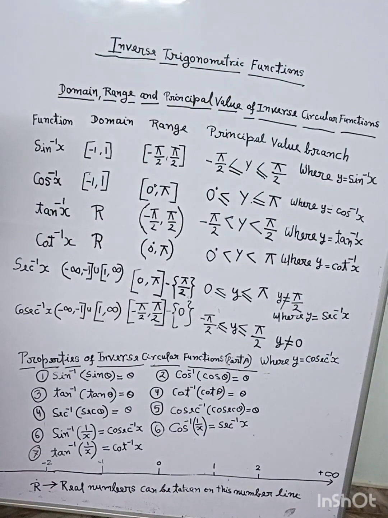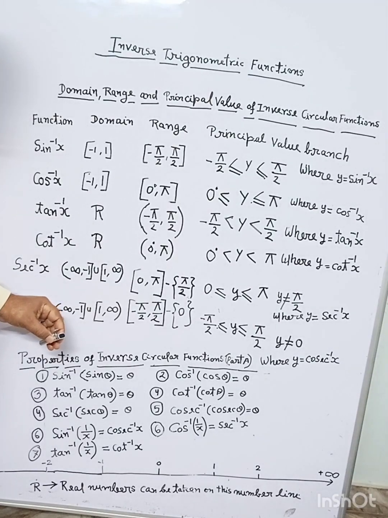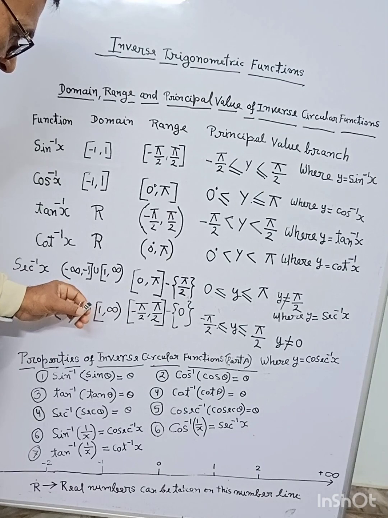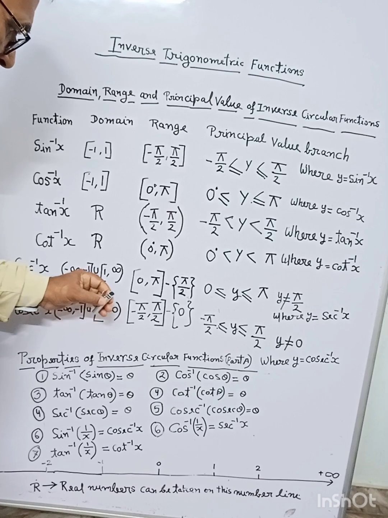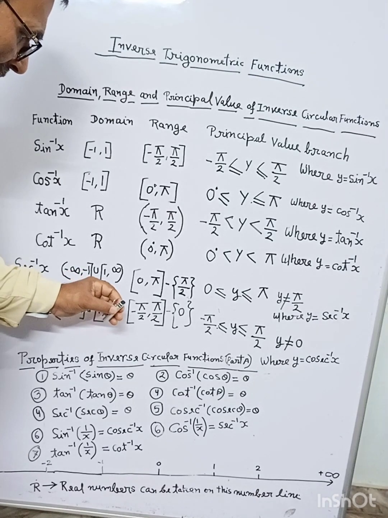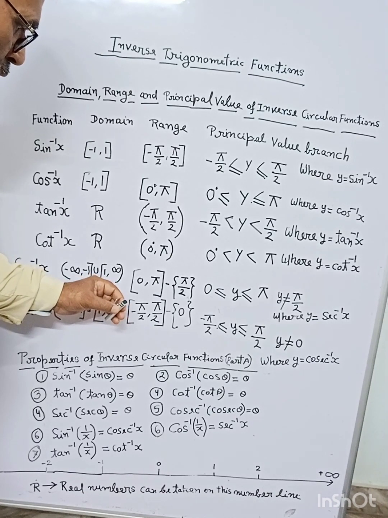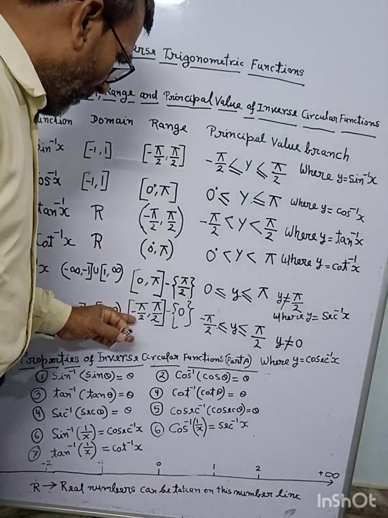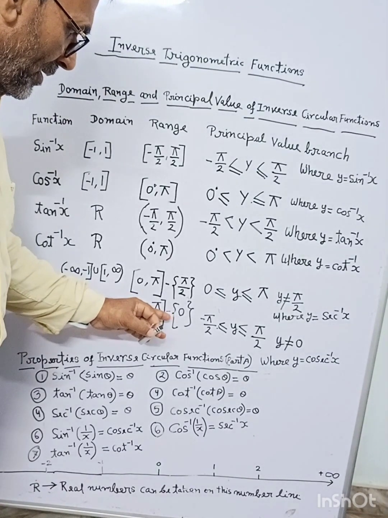In case of cosec inverse x, under open interval minus infinity, it means minus infinity is not included. It will go to -1. Minus 1 is also included because it is under the closed interval. Union closed interval 1 to infinity, where infinity is not included because it is under open interval. So all the values are from minus pi by 2 to pi by 2, except the angle 0.